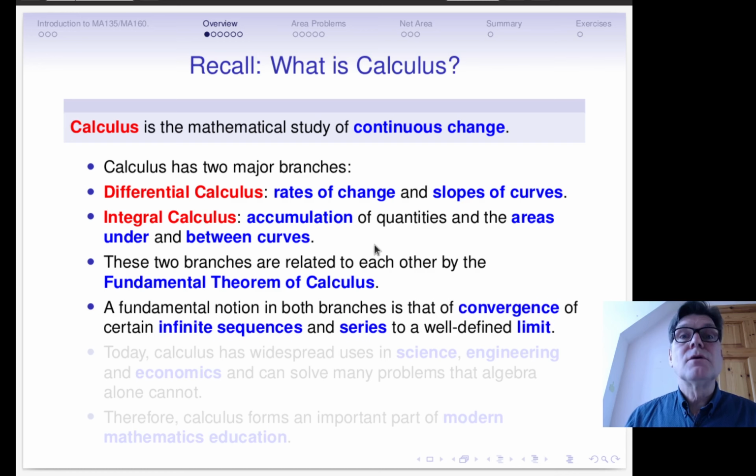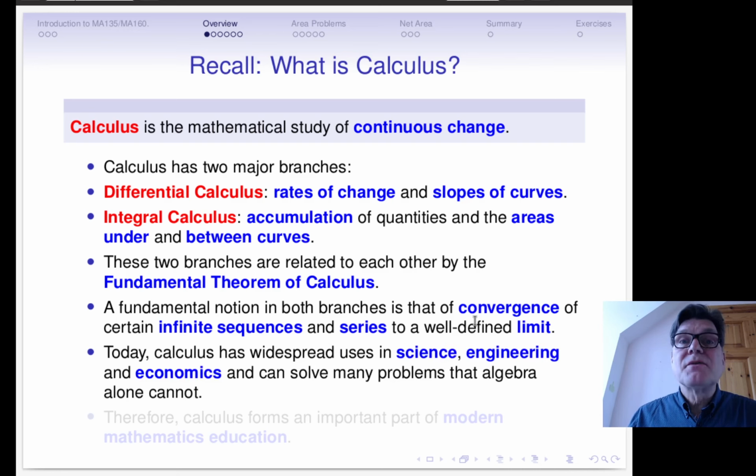A fundamental notion that occurs in both branches, that is common to the differential and the integral calculus, is that of a limit, or more precisely the convergence of a certain infinite sequence or series of values to a well-defined limit. That's the technique we're going to look at in week 2.